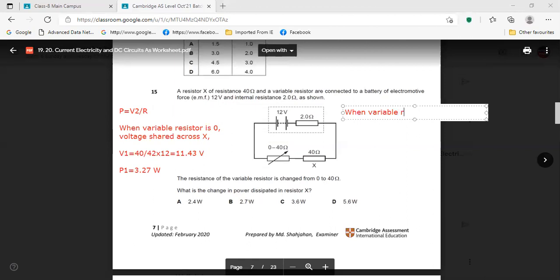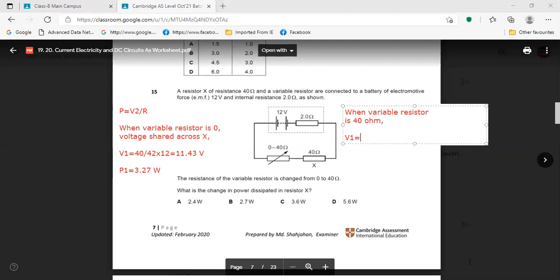Variable resistor is 40 ohm. Then the second voltage, we consider always V1, because this one we consider.